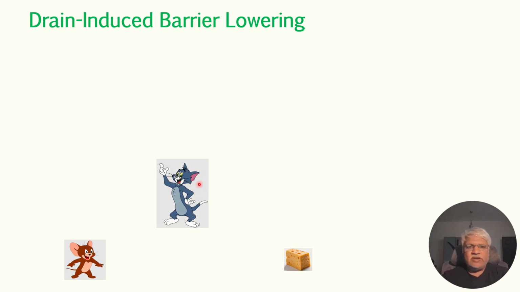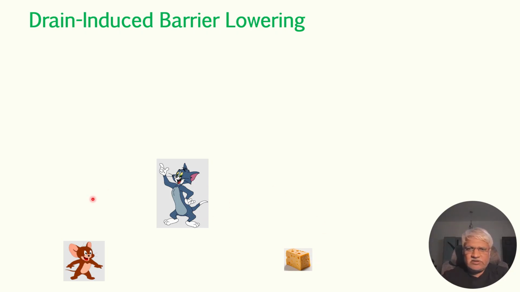Because of the cat Tom, Jerry has difficulty in reaching the cheese. That means when the gate is turned off, assume Tom is doing that. So when the gate is turned off, there won't be any current. So that is what it is.